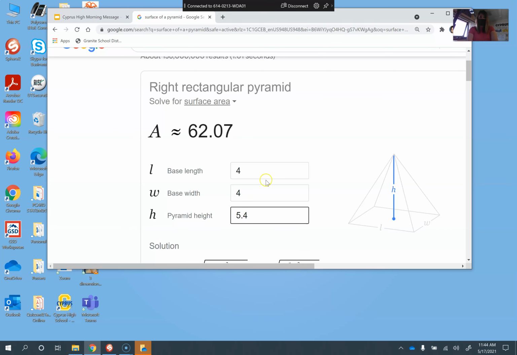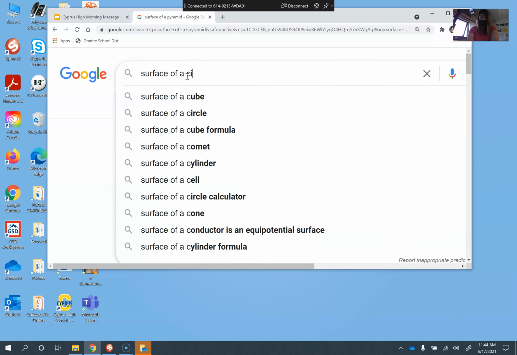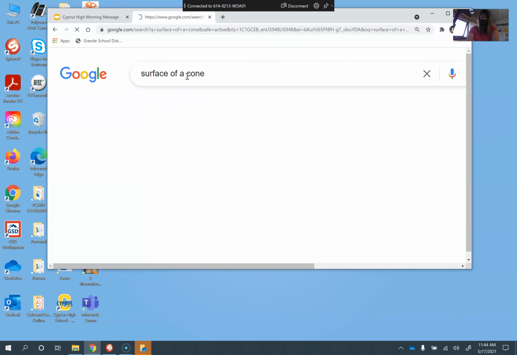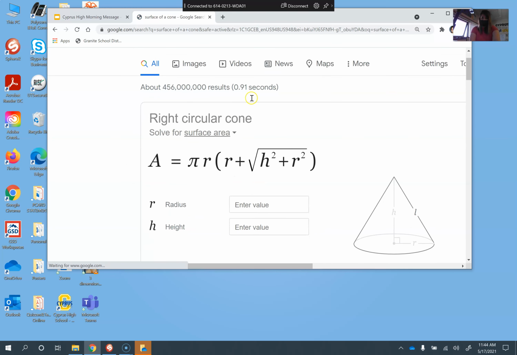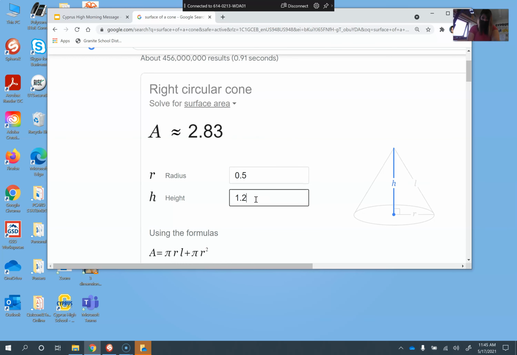Oh, will it work for this cone? I don't know. Surface area of a cone. Oh, dang. Radius, 0.5. Height, 1.2. 2.83.